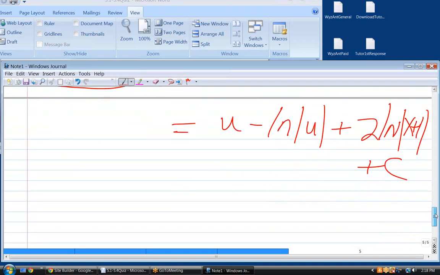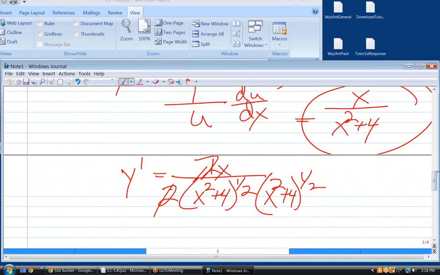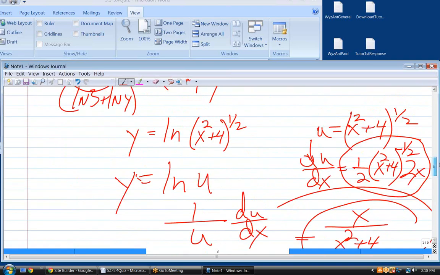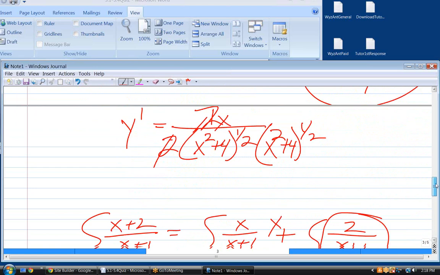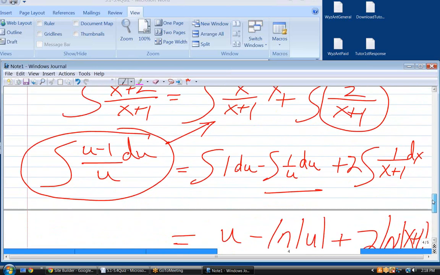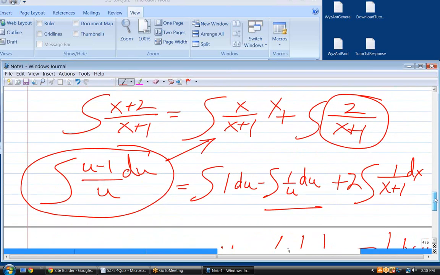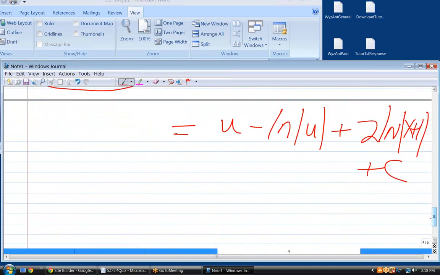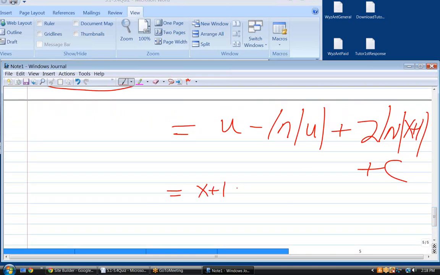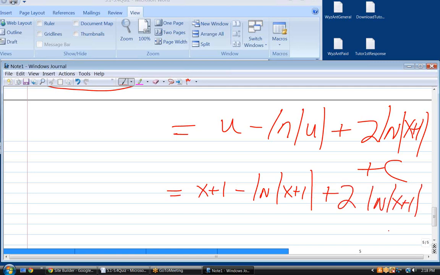Now, to get the whole thing back into a polynomial, because we let u equal x plus 1, my answer is x plus 1 minus natural log of x plus 1 plus 2 natural log of x plus 1 plus c.